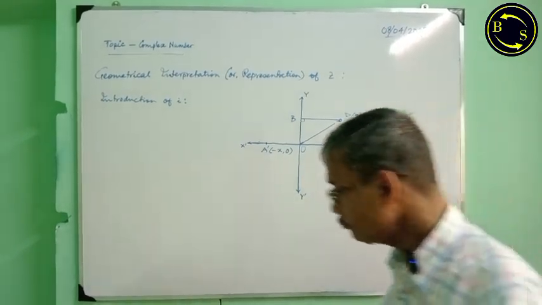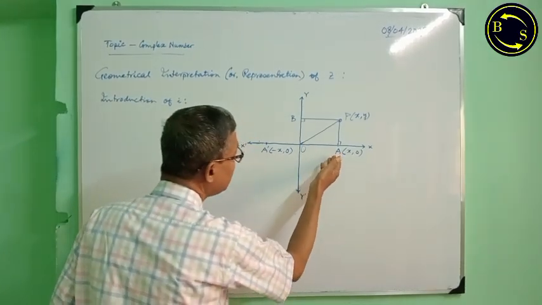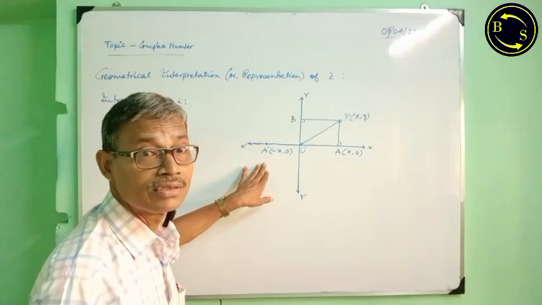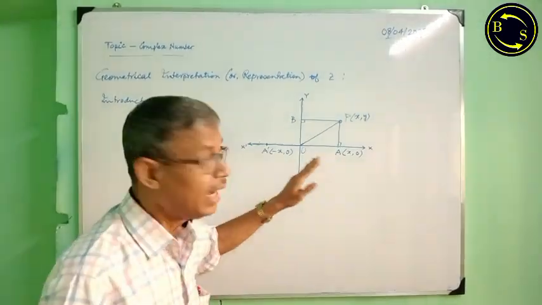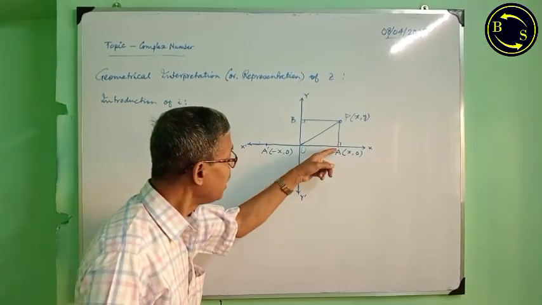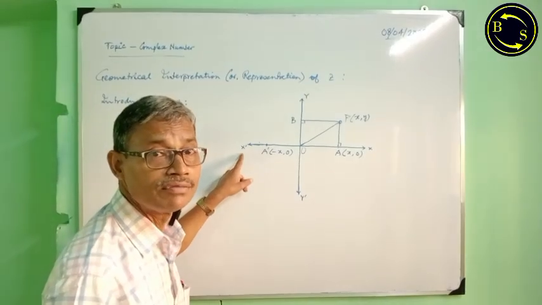Now, what do we see? A is shifted to A', so the angular shifting is how much? Angle xOx', that is 180 degrees.